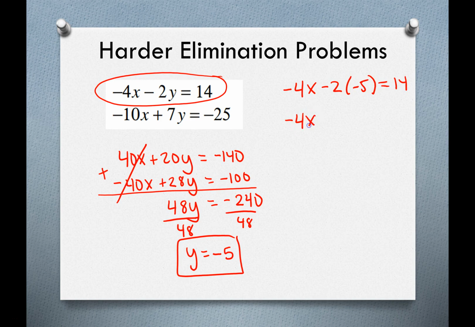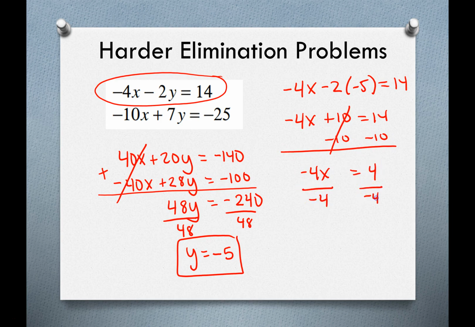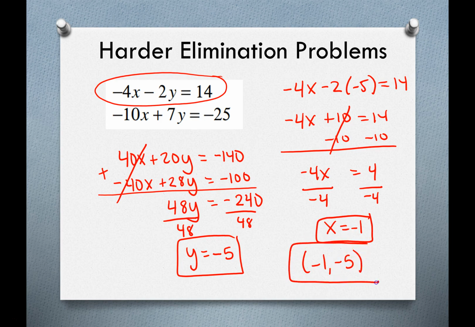So I get negative 4x plus 10 equals 14. Subtract 10. Negative 4x equals 4. Divide by negative 4, and we get x equals negative 1. Again, you can write it as a coordinate if your heart desires that.